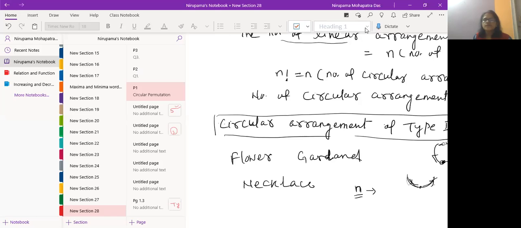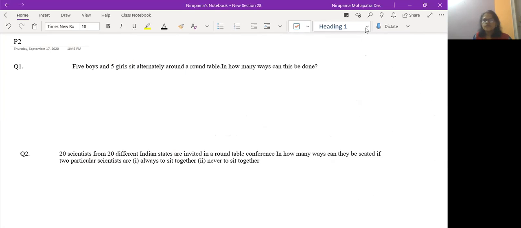Let's take some questions and solve them. Look at the question: 5 boys and 5 girls sit alternately around a round table. In how many ways can this be done? So 5 boys and 5 girls.